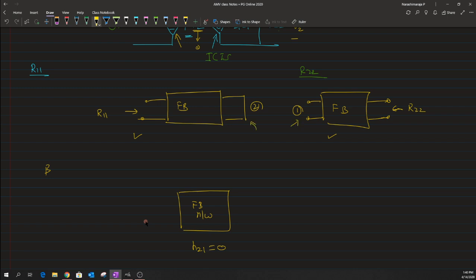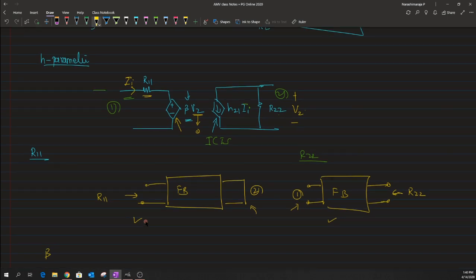We use these controlled current sources or controlled voltage sources for the discussion, in order to ensure, while calculating R11 and R22, what type of connection has to be made across the other end of the port. Only for such discussion have we included this H21 and this beta or H12 parameters, otherwise there is no need of these inclusions.